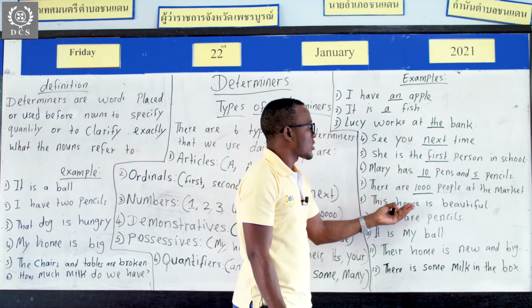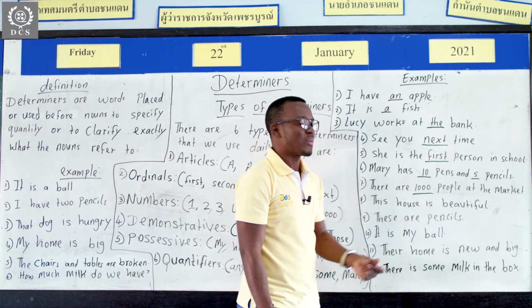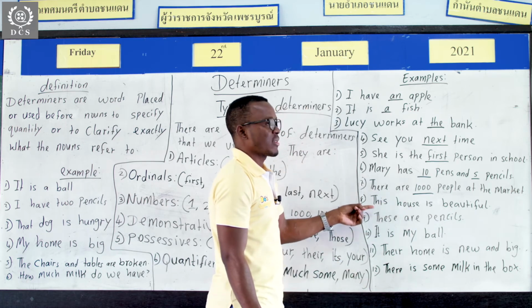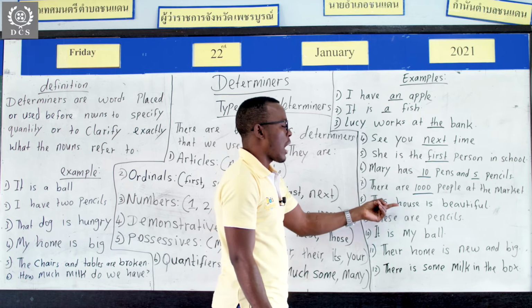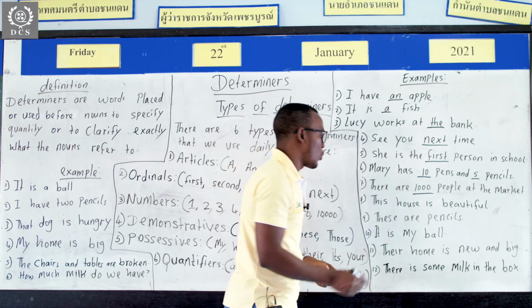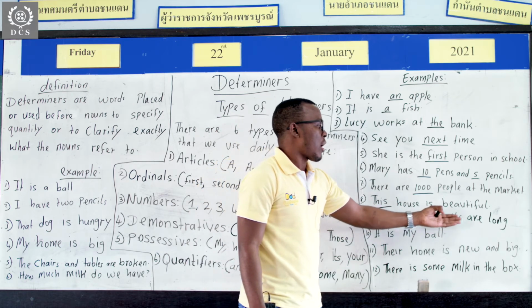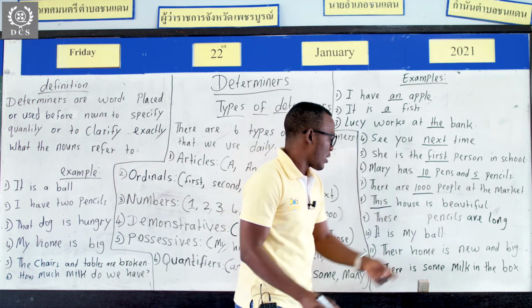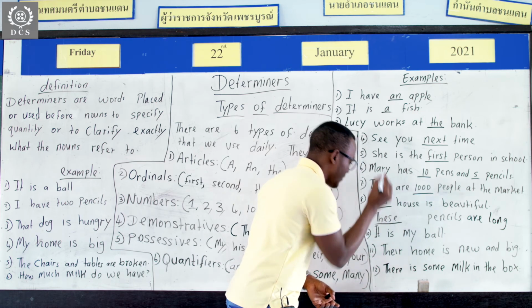This house is beautiful. So this is a determinant. House is a noun. These pencils are long. So these.